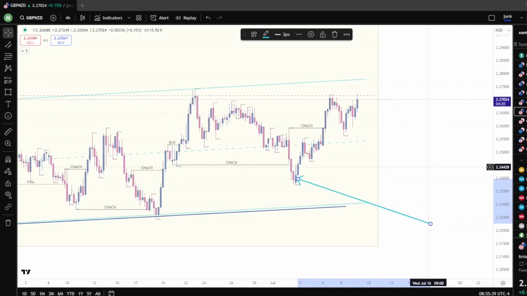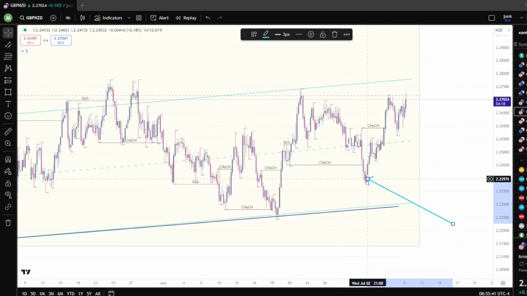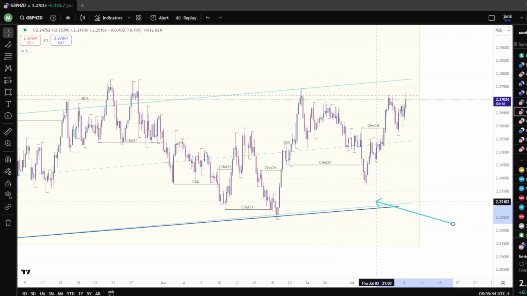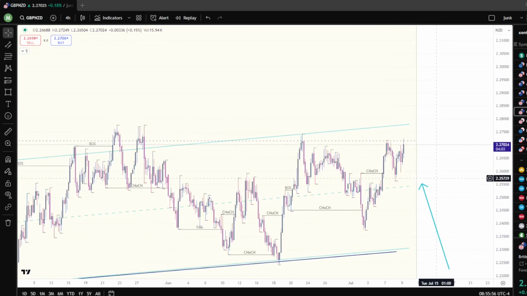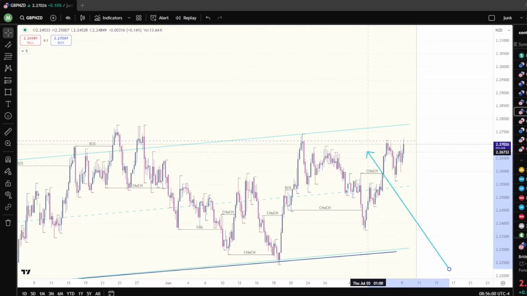Sellers caused market structure shifts, then it came close to these areas where buyers stepped back in. It's the lower trend line, and then buyers continue to target premium prices. So I'll be looking to see if this is just the top of this channel that it's been trading in.